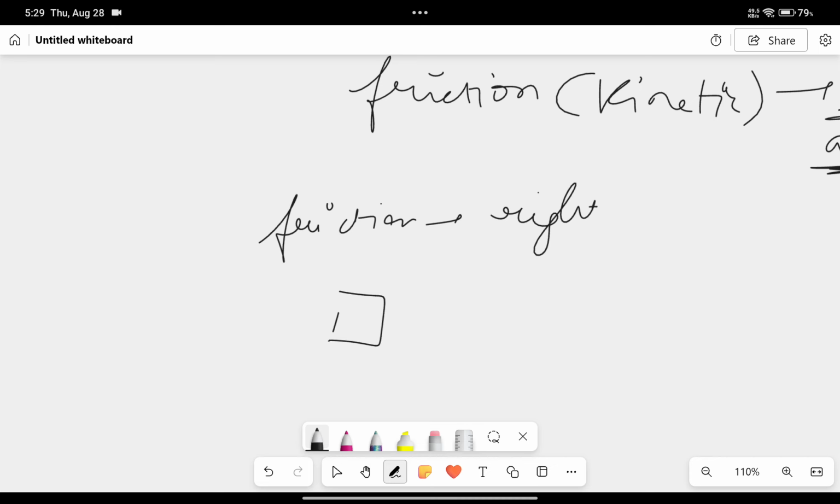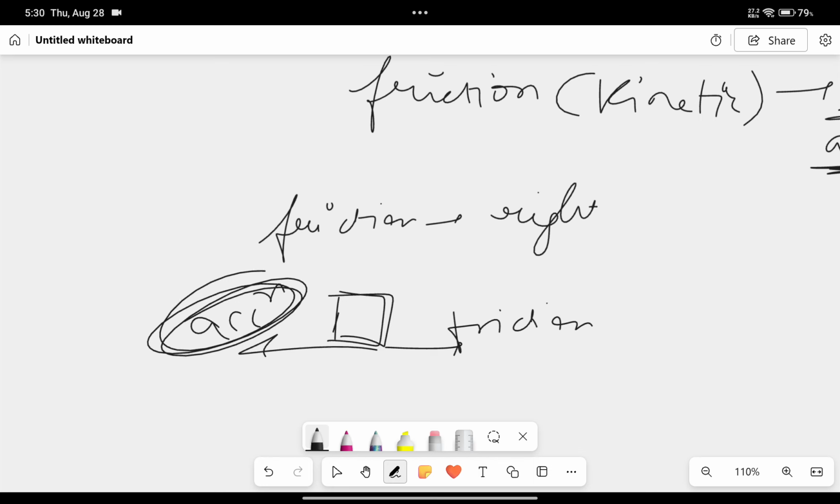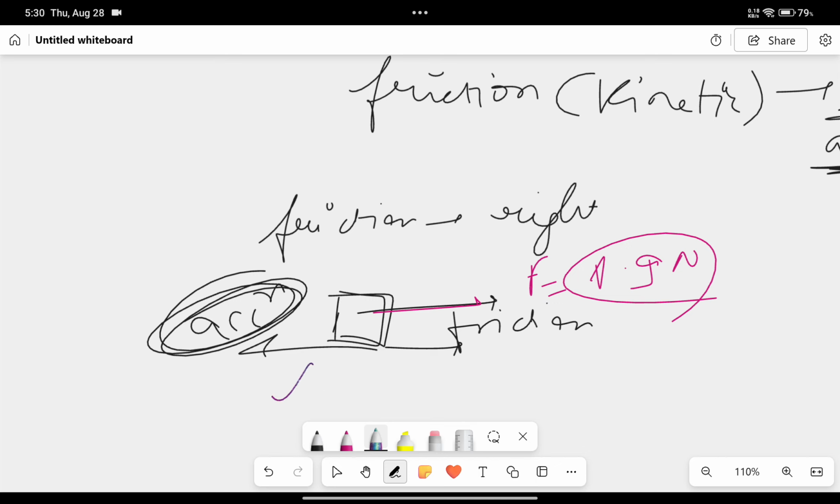So if I show you the block of 2 kg, it was accelerating in this direction, and the kinetic friction was acting in this direction, which essentially means that the block was accelerating in left, though we had applied the force in right direction, which was equal to 4.9 Newton. How is it physically possible, guys? How is it physically possible for an object which was pushed in right direction to be moving in left direction? And all these things arrived by a wrong, contradictory assumption.